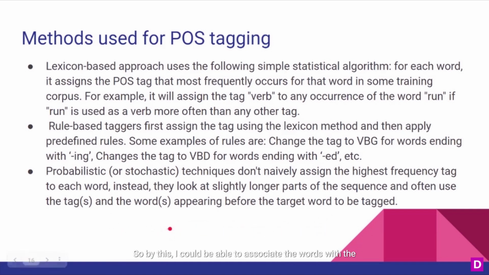By this, it is able to associate the words with the given POS tag by comparing the POS tags of the neighboring words. This could be understood in more detail when I take more examples on this, and it is one of the most used techniques when it comes to the task of tagging a given word with a POS.